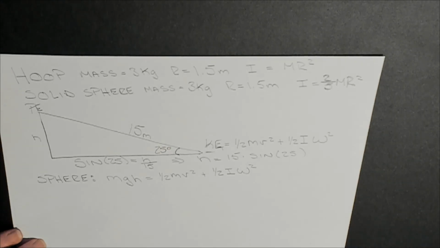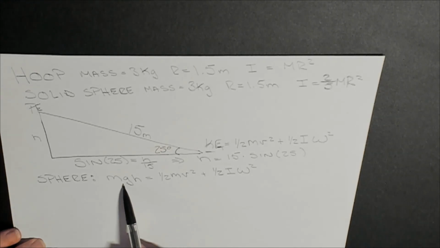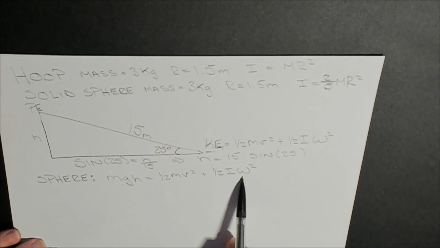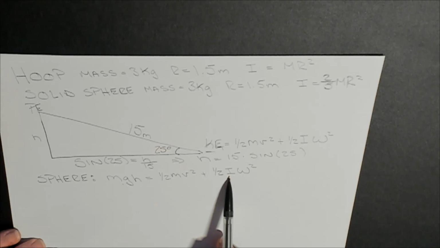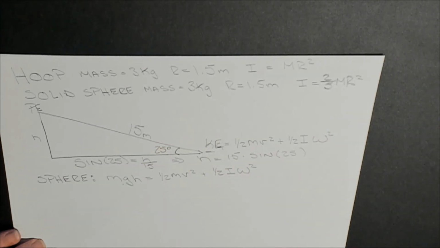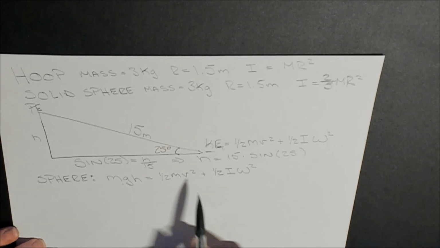So if I was asked to do anything math related with this, the one thing that would jump out at me is, while I can solve for this height, so I can solve for this piece, I don't know velocity and I don't know omega. My moment of inertia, well, I have that for the solid sphere, it's 2/5 mr squared, so that can be solved. But what about omega and velocity?